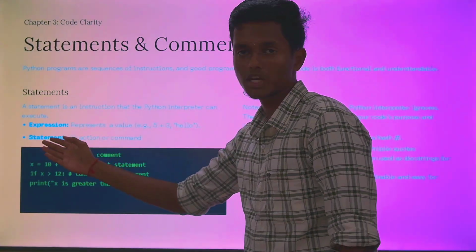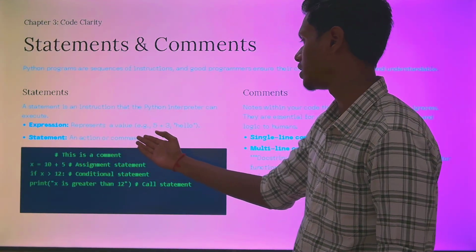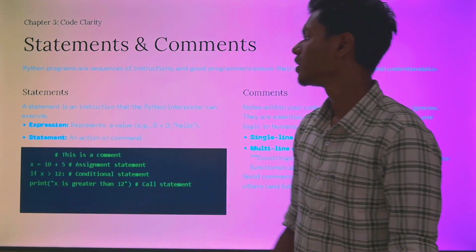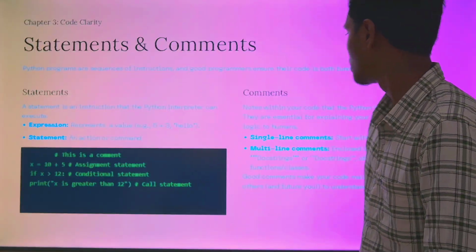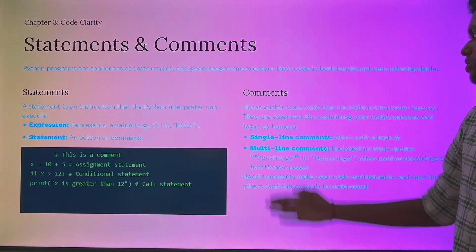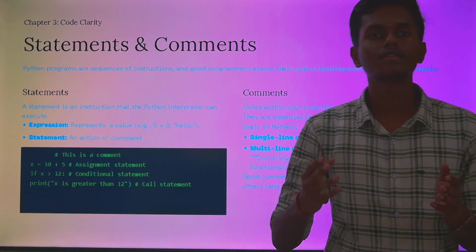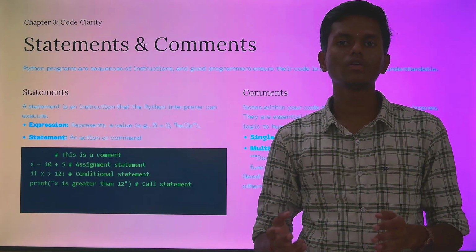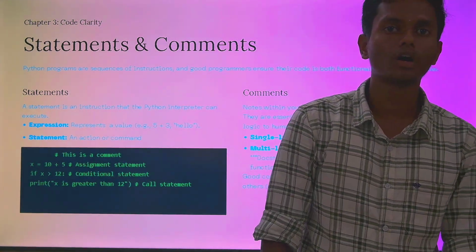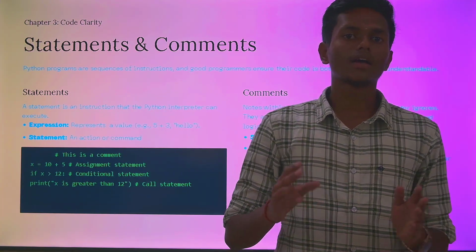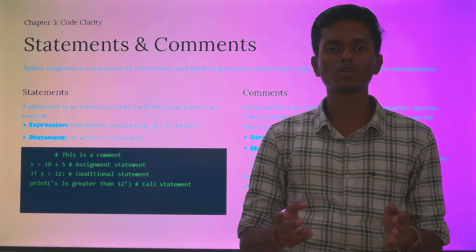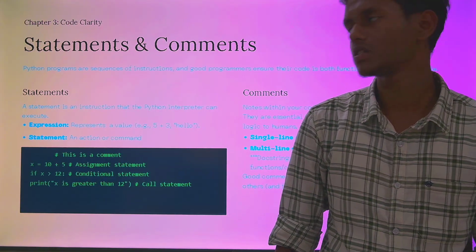There are expressions, which represent a value, and statements, which are an action or command given to a program. Now we will see about comments. They are notes within your code that the Python interpreter ignores. They are essential for explaining your code's purpose and logic to humans.